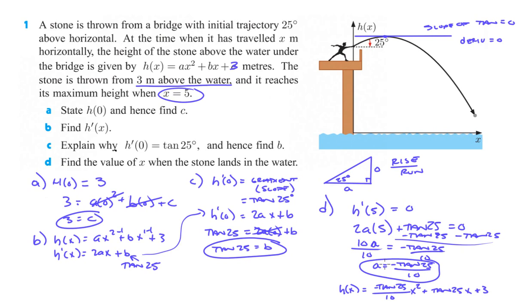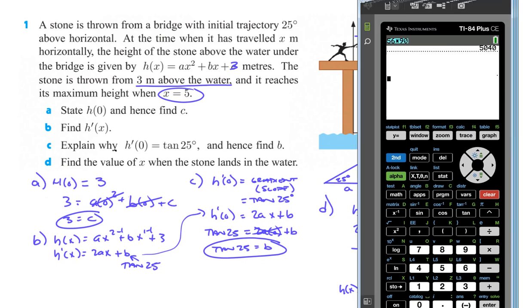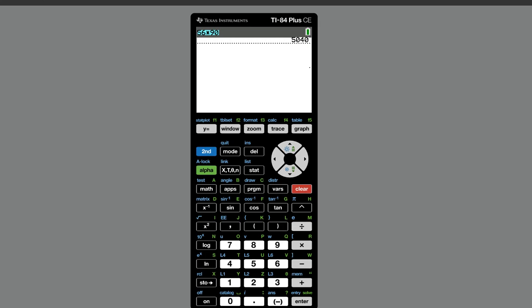So what we're going to want to do is plug this into the graphing calculator and figure out when it equals 0. Let's clear that stuff out here.